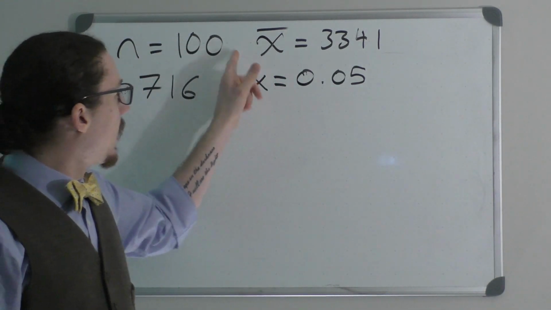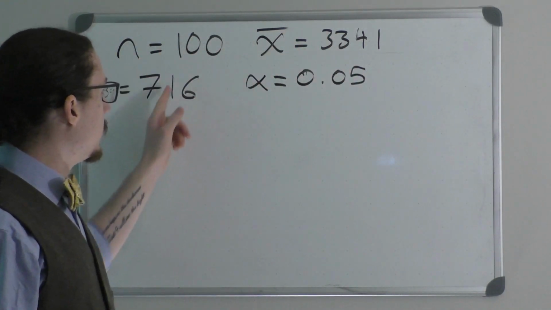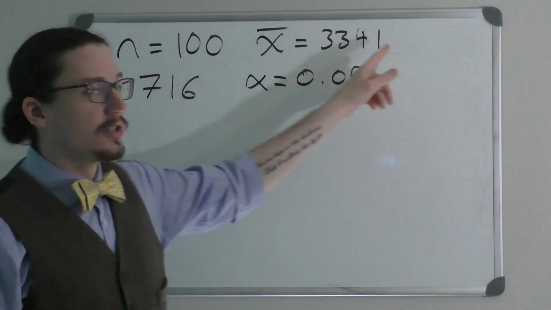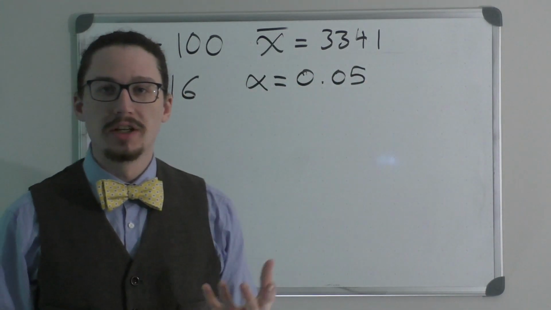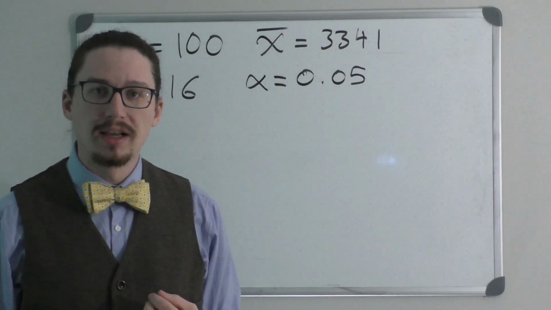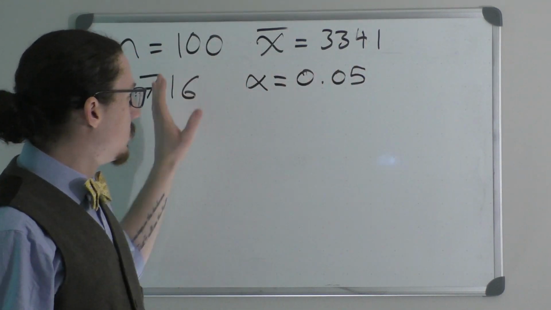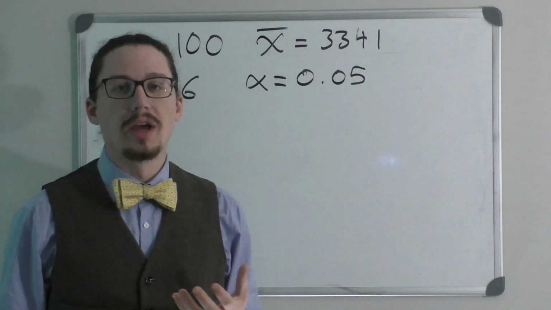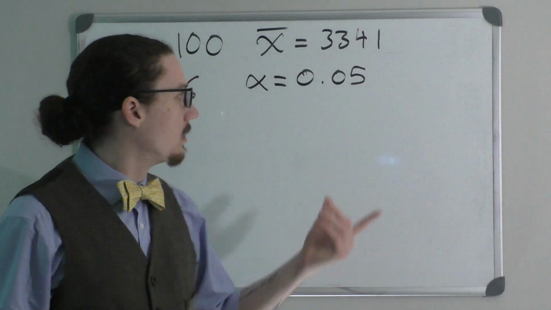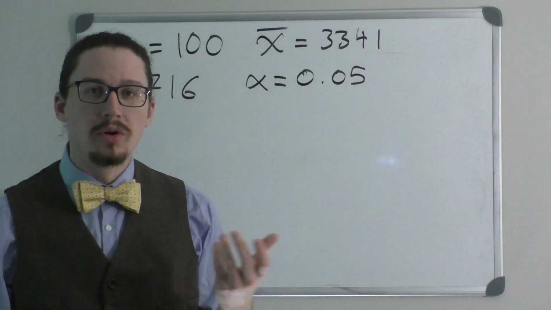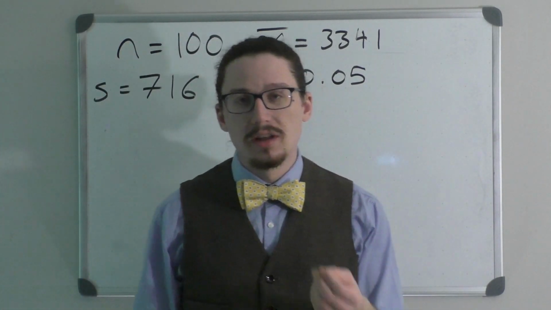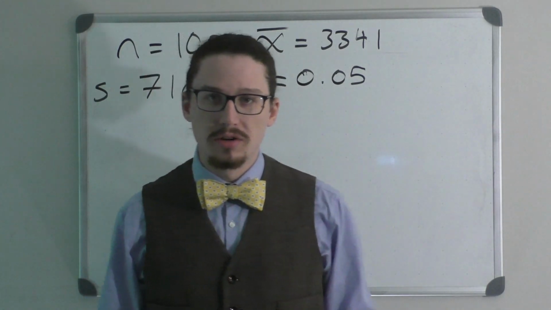So we've got all of this information. These three pieces, our sample size, our sample mean, and our sample standard deviation, come from the data that we collected. So this is what we use to calculate our test statistic. Our alpha, or our confidence level, or our significance level, is going to determine our critical value.